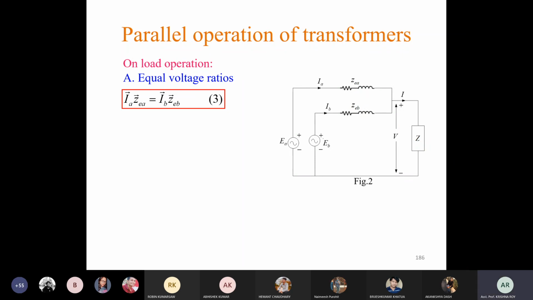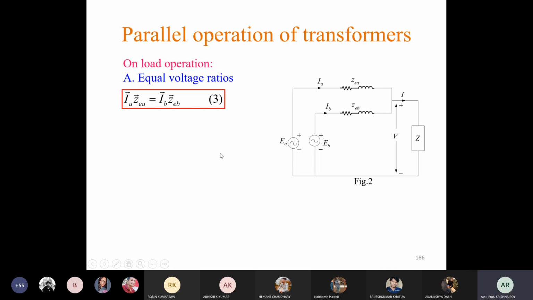So in our last class, I was discussing this on-load operation of transformers connected in parallel, assuming equal voltage ratios. Okay. So all the transformers connected in parallel are having equal voltage ratio or turns ratio.